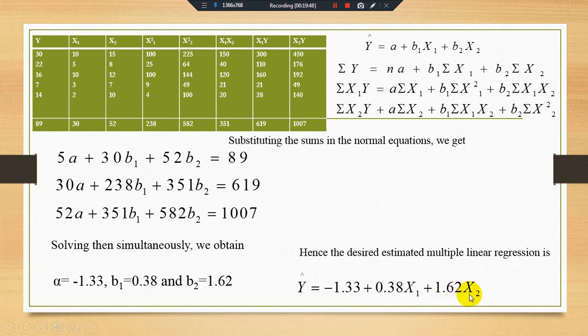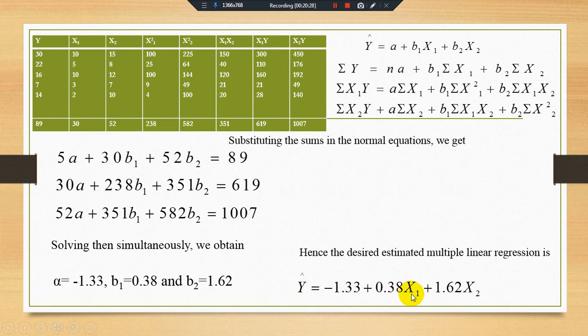Now keep in mind, the more important part here is the interpretation of this estimated regression line. If x1 and x2 are equal to 0, then our estimated dependent variable y is equal to minus 1.33. If x2 is equal to 0, then a 1 unit increase in x1 brings a 0.38 unit increase in y.